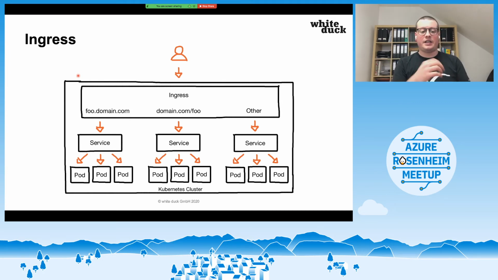So we're defining an Ingress resource, and the Ingress controller is then rewriting these configurations into the configuration of your chosen HTTP proxy. Normally it's Nginx, but you can also use any kind of other proxies, like Envoy, and so on. So terrific, there are plenty of options out there which support these Ingress definitions.